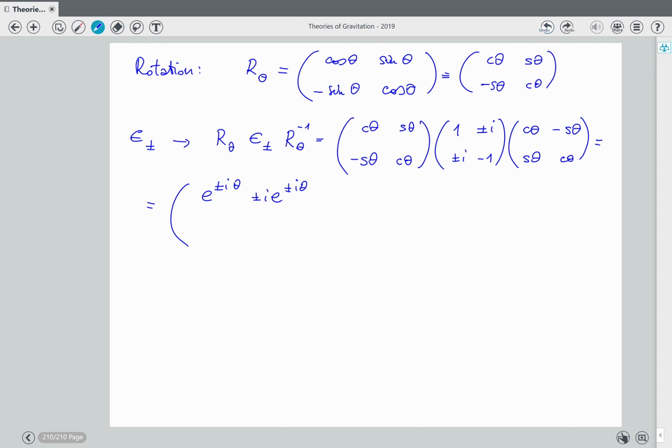You can go on, you will see that these are exactly eigenvalues. We built it that way, so basically the matrix is multiplied by e to the plus or minus I theta.